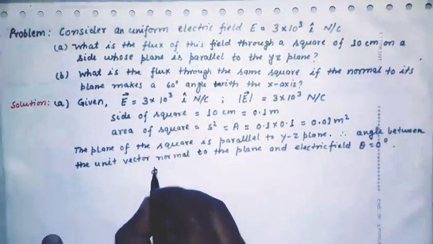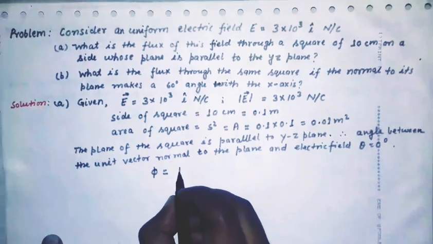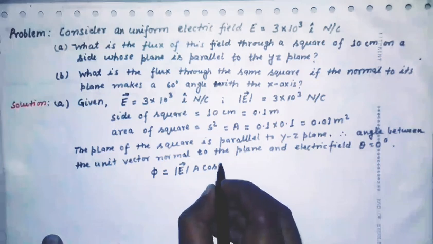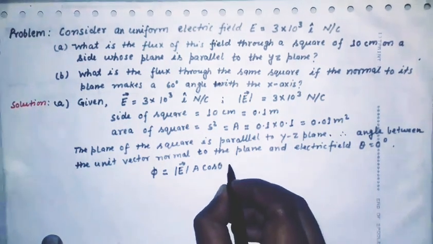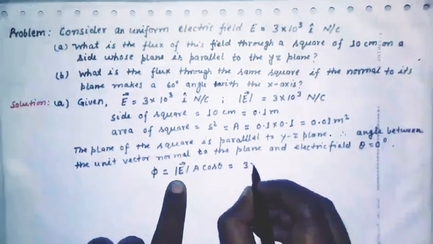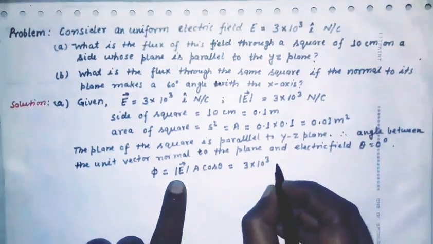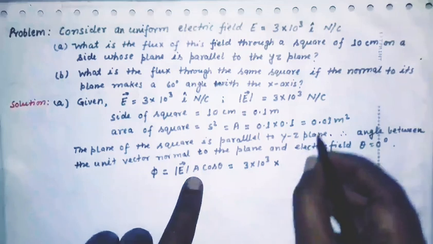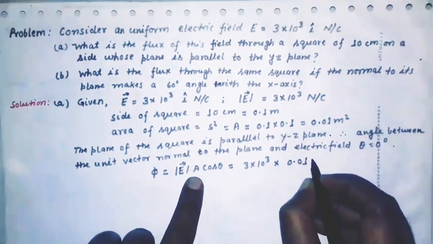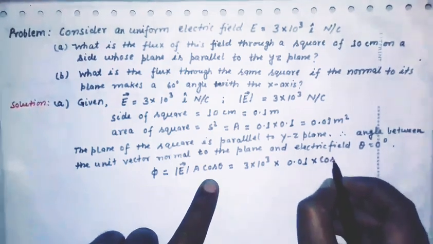So from the relationship phi equal to EA cos theta, here E is 3 into 10 to the power 3 Newton per Coulomb, A is 0.01, and cos theta is cos 0 degree.